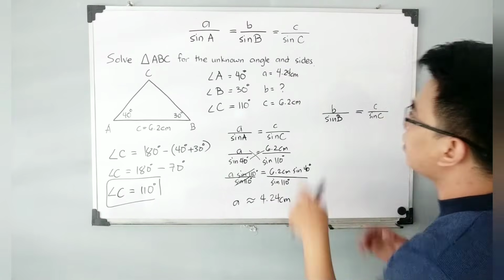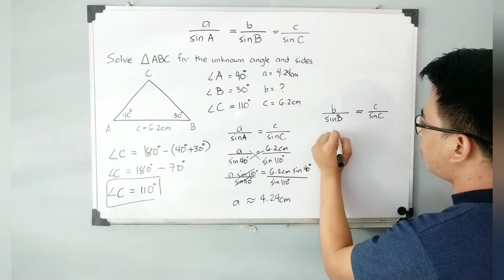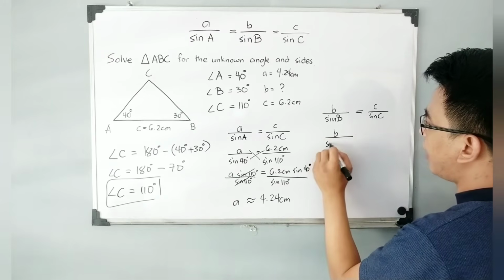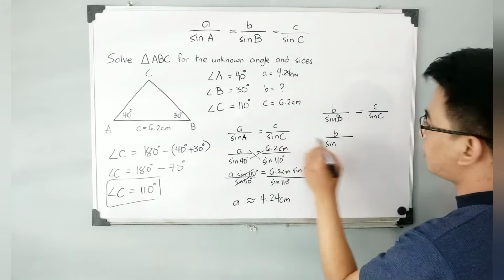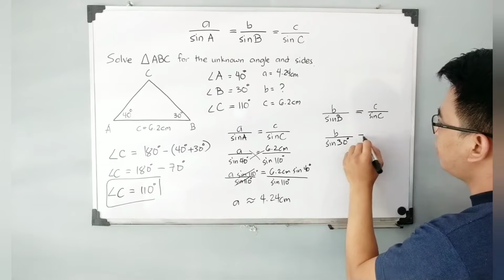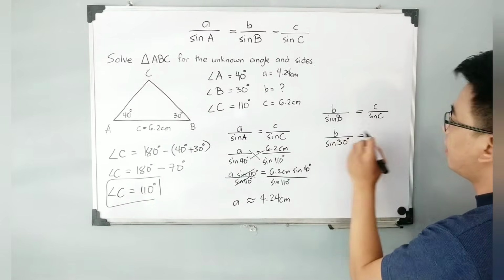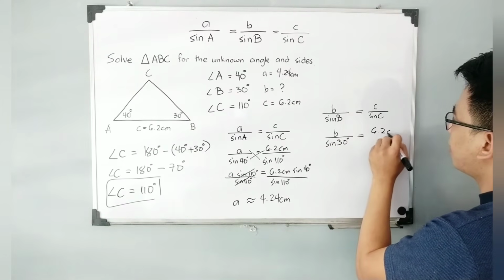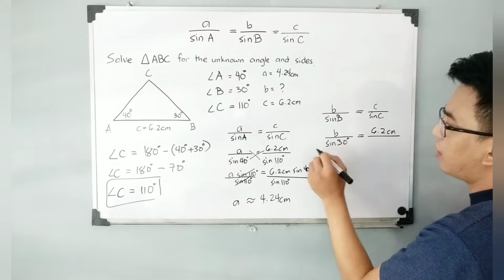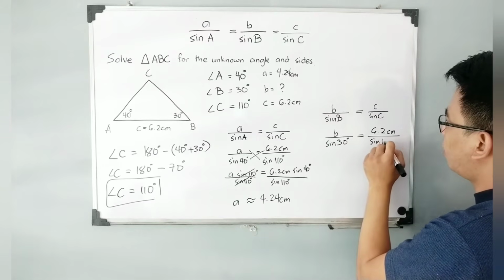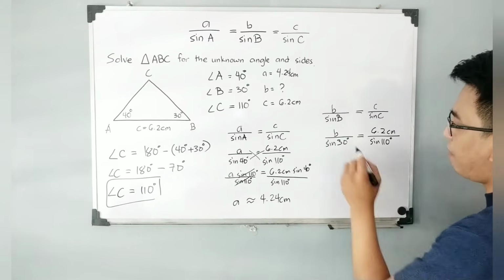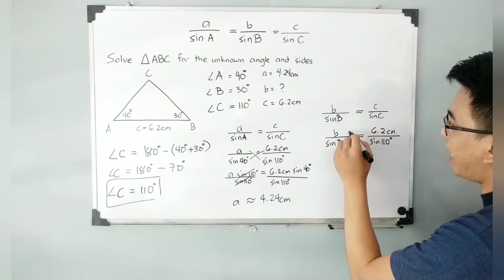So for B natin, your missing side is B. So it will remain as B. Your sine B or sine angle B which is 30 degrees is equal to your C which is 6.2 centimeters. And for your angle C which is sine 110 degrees. Same thing you need to do is to cross multiply.